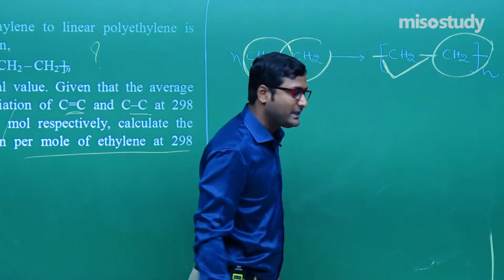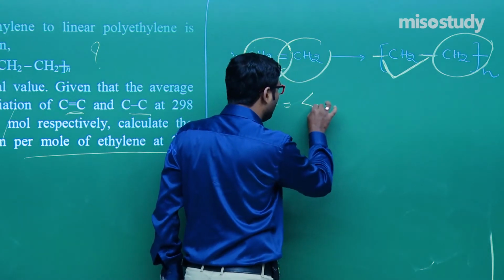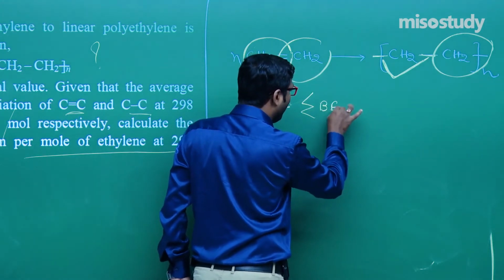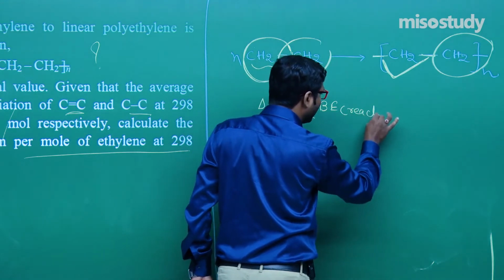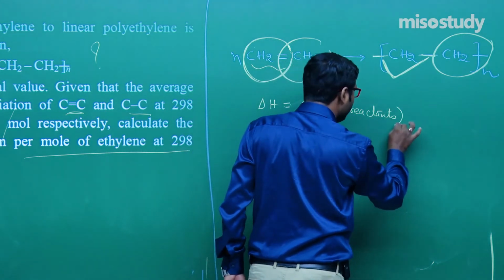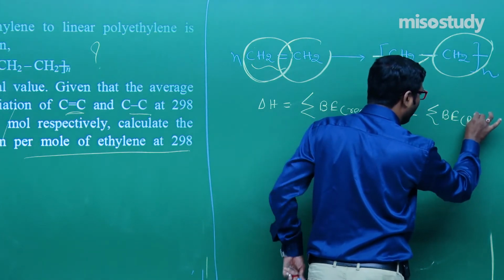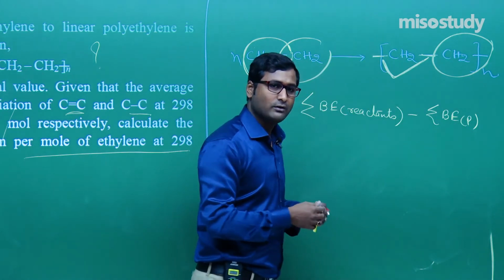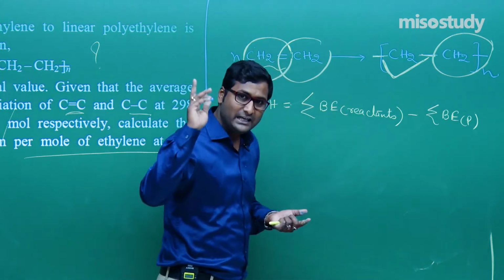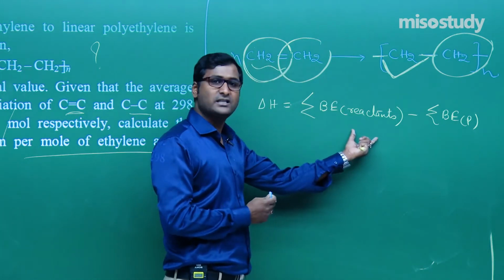Tell me. So delta H is equal to the summation of bond energy of reactants, this is the general formula, minus the summation of bond energy of products. Am I right or wrong? Look, here n mole is given, but the question says per mole, so we are considering per mole.